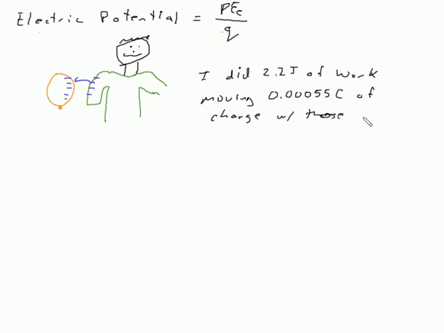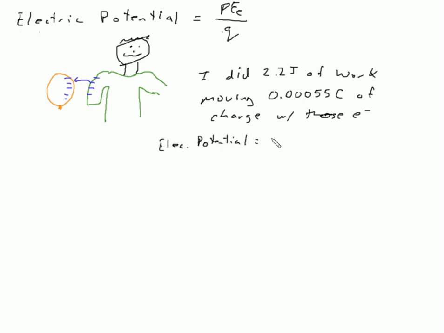I'm not so much worried about how many electrons, but the charge associated with that. So my question here would be, what's the electric potential of the balloon as a result of this? What's the electric potential of this potential energy that's now stored with that charge on the balloon, and the amount of charge here?